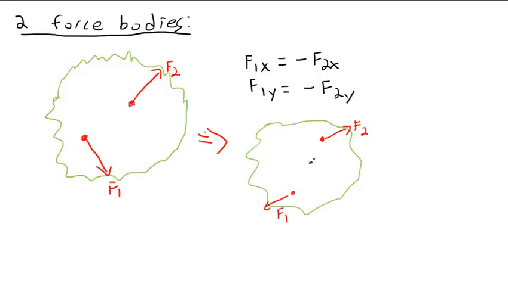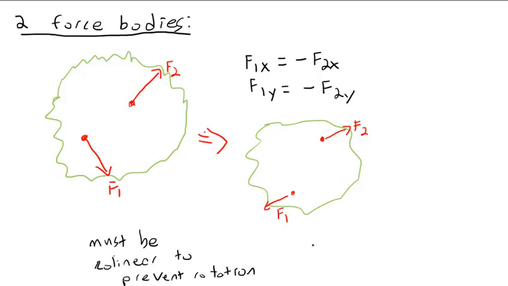Their lines of action have to go through each other. That is the only way this thing won't rotate. So they must be collinear to prevent rotation.